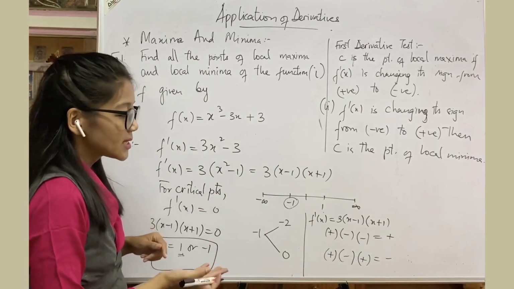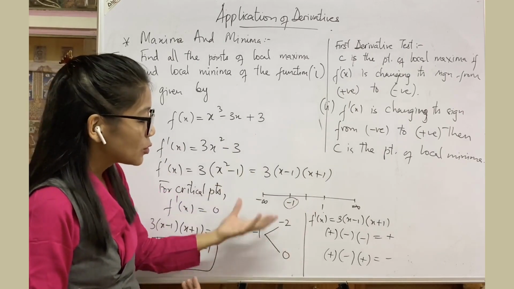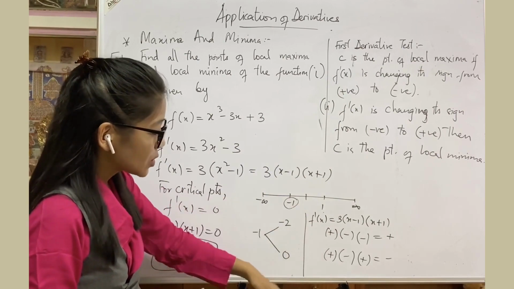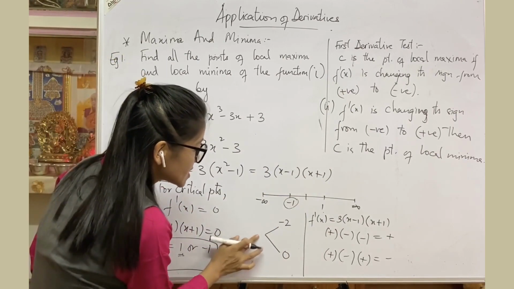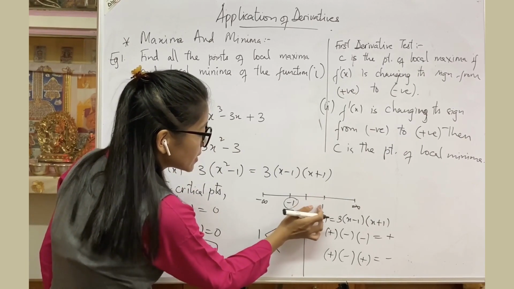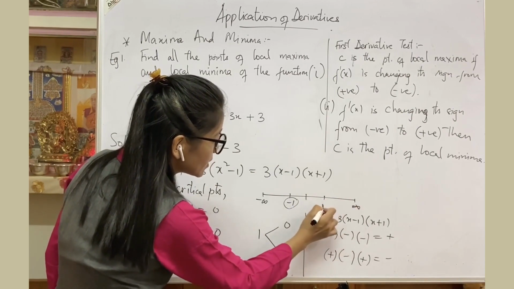Next you have to do the same thing for 1. Then you check the sign. This is the number 1. You take one point on the left-hand side of 1, you can take 0, and one point on the right-hand side of 1, you can take 2.